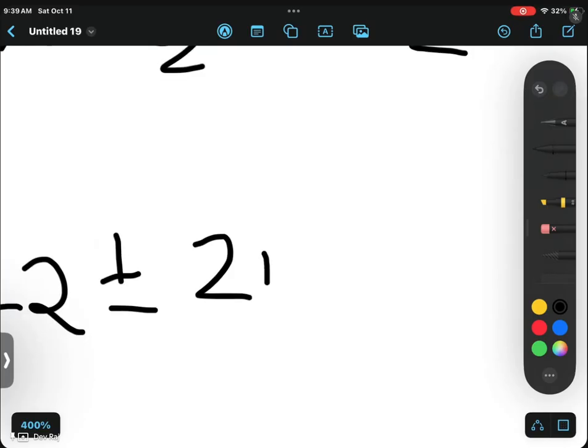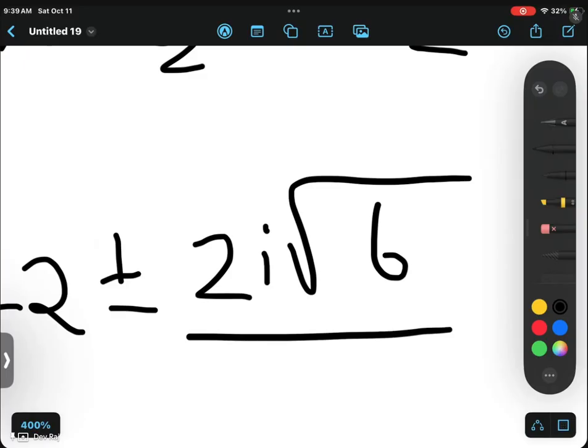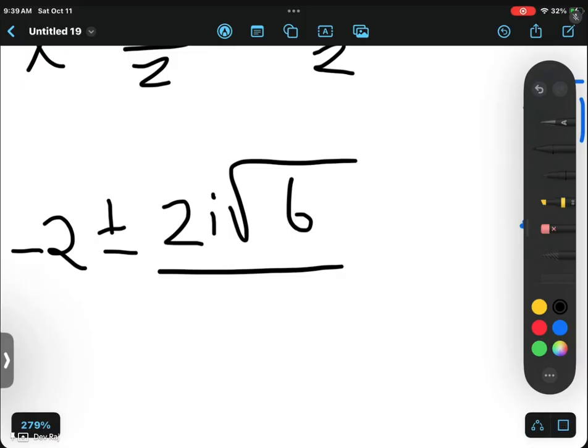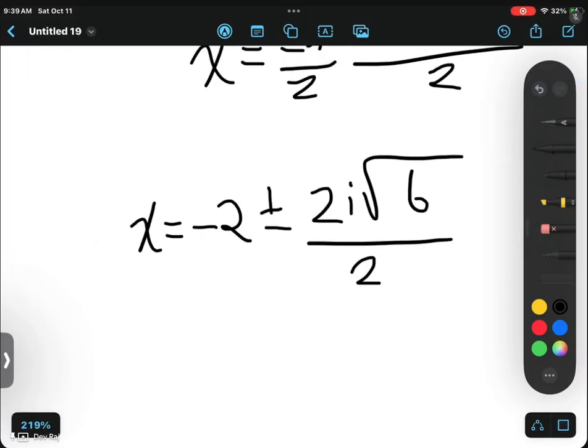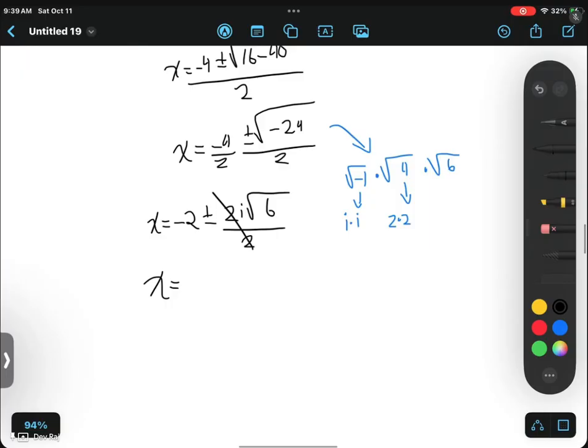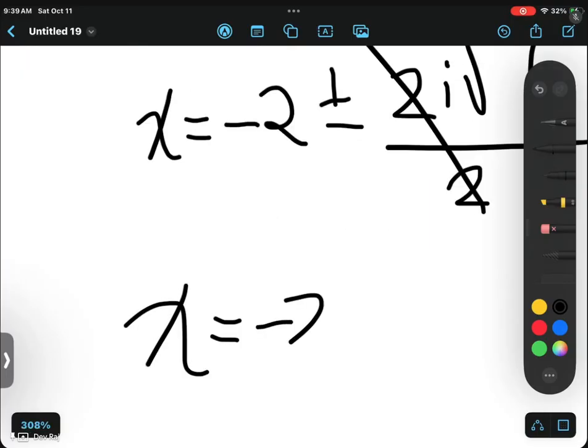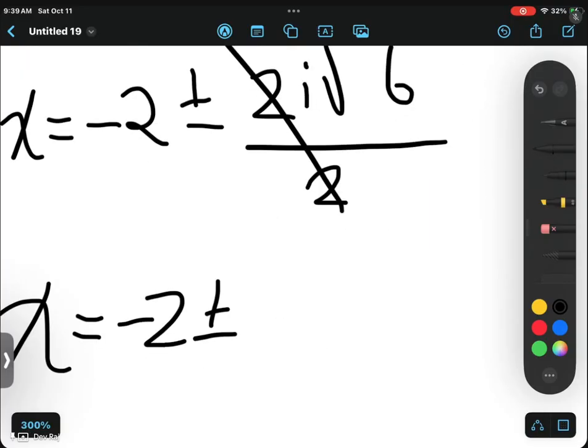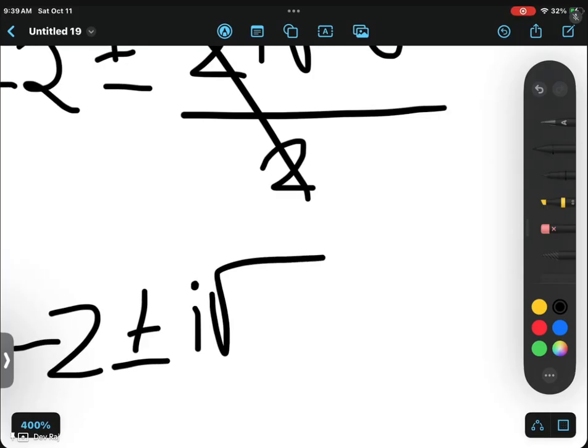So this just becomes 2i square root 6 over 2, and then we can divide by our 2 and take those out. So it just becomes x equals negative 2 plus minus i square root 6.